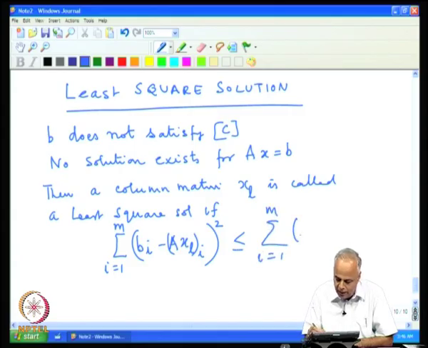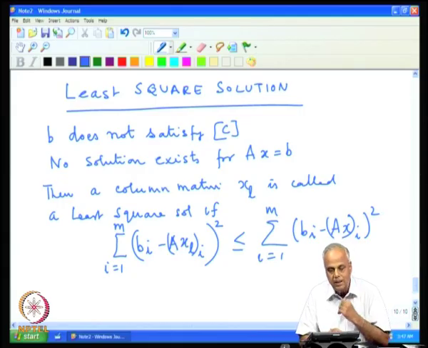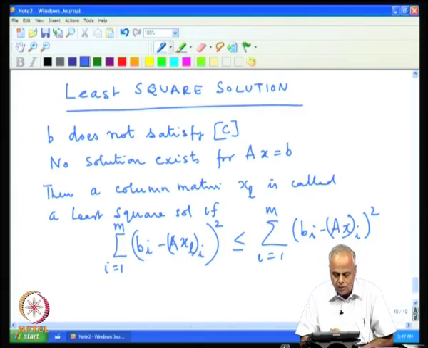That is, if I take any vector Ax and calculate the error, it cannot be less than this. So, the least square solution is a solution which minimizes this particular quantification of the error. Obviously, different notions of error quantification could lead us to different types of solutions, but we will be concentrating only on this least square solution.